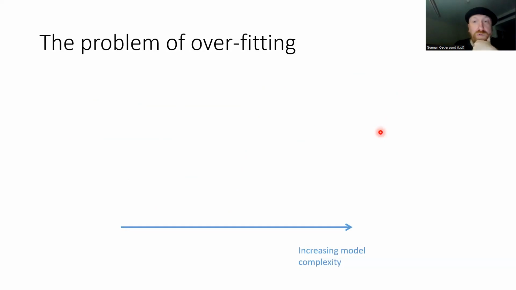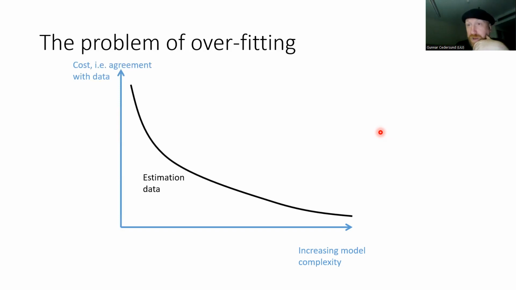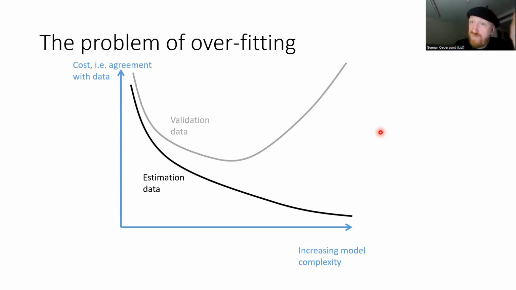And all of this has to do with punishing overfitting, which is that if you have the cost and you train the model on estimation data, then the more complex the model, the better it will be at agreeing with estimation data. But at some point, your ability to predict new validation data will not improve.